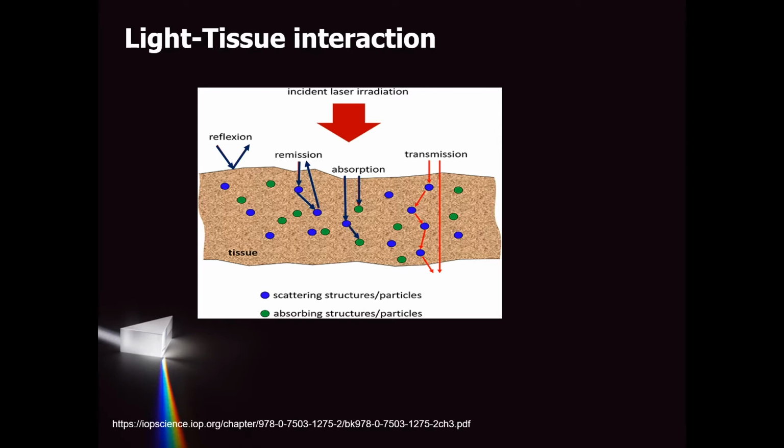It means that photons will be killed by some absorbers. And finally, transmission, which means that photons will go through the tissue and come out of the rear surface of the tissue. They either hit an absorber or they can just directly pass through the tissue and come out.